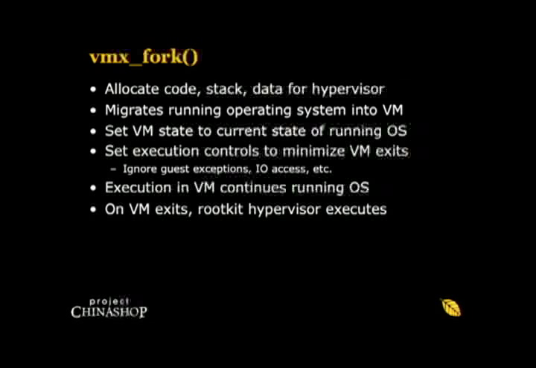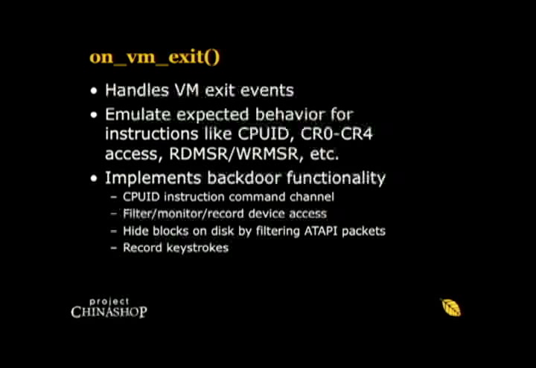For Intel, you need to set the instruction pointer and stack pointer for where the guest resumes and where the host resumes. Then you say, OK, just launch. You have now forked into those two locations, the instruction pointers you gave it for the guest and for the host. On the VM exit, it jumps to the instruction pointer that you configured, and you handle the event in what I called on VM exit.